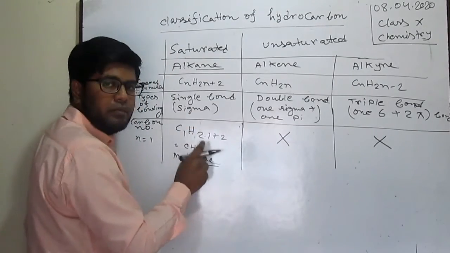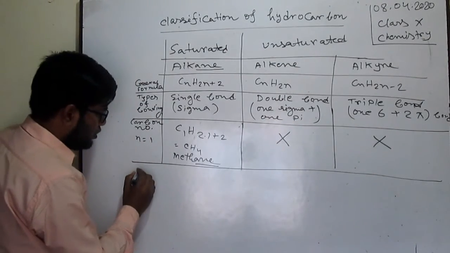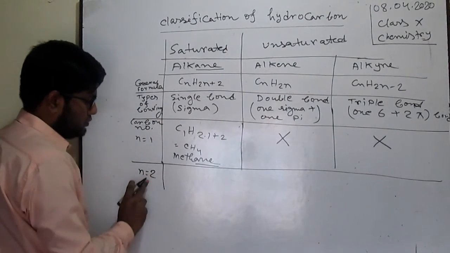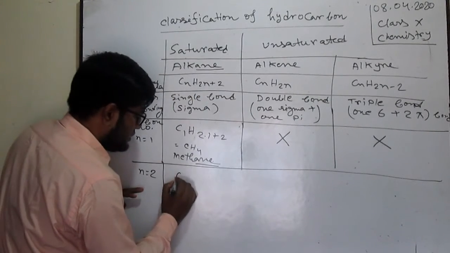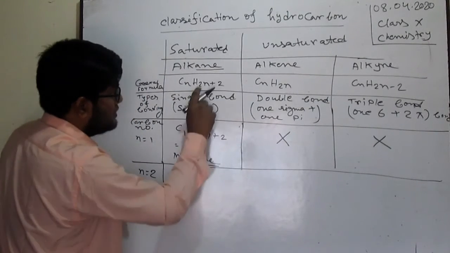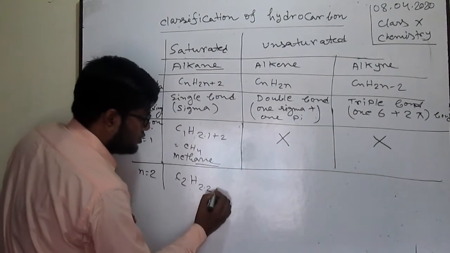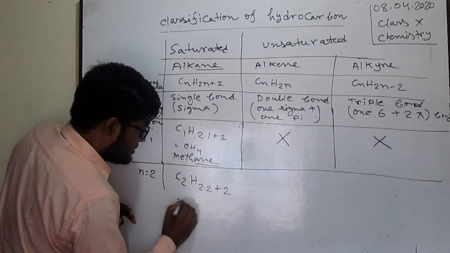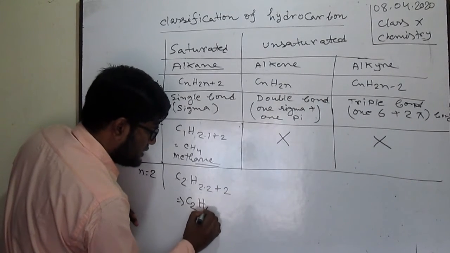Next, if the value of n equals 2, according to this formula, C2 is 2 into 2 plus 2, that means C2H6.